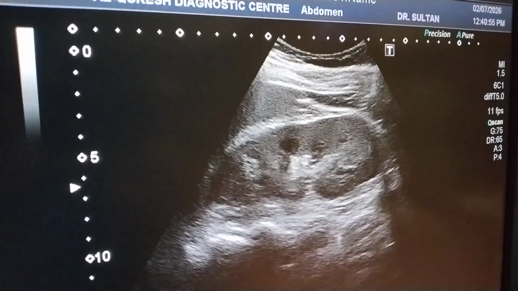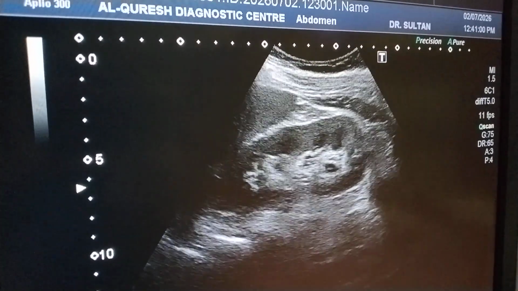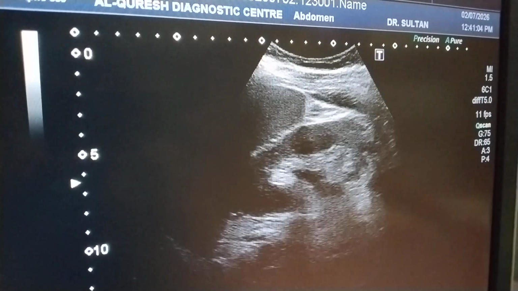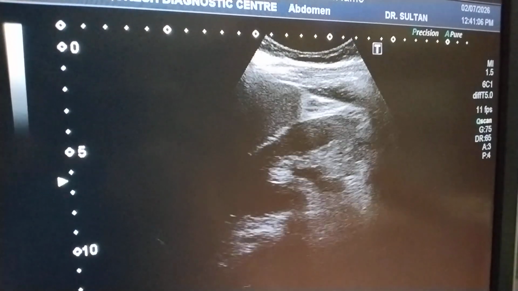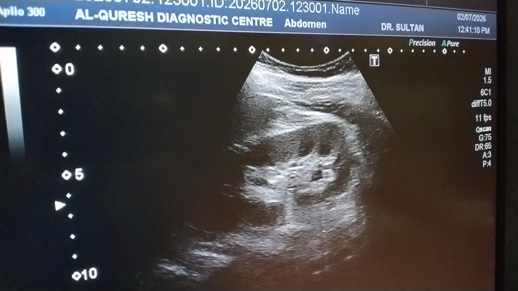So when we have seen the PUJ, then we should locate the proximal ureter.